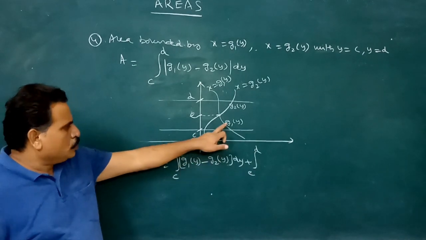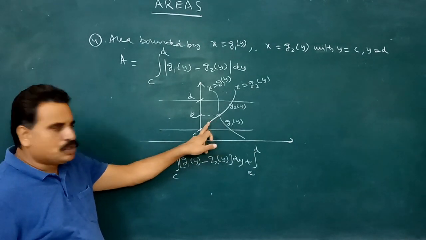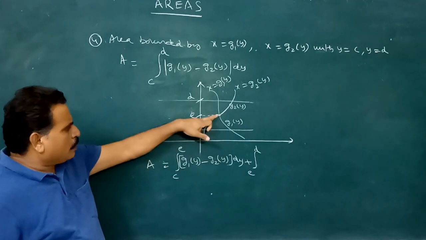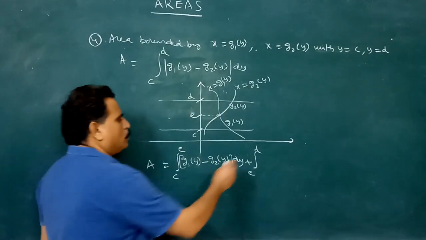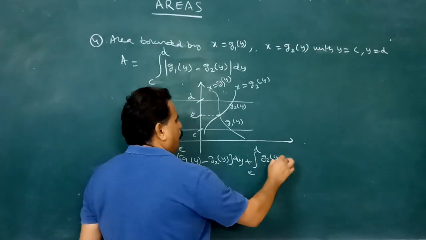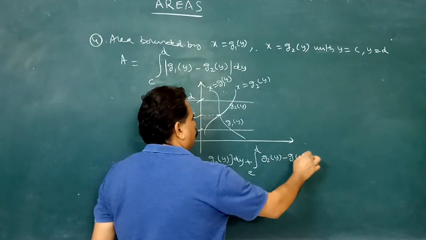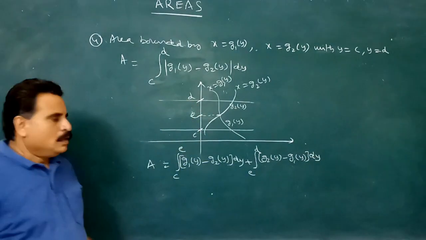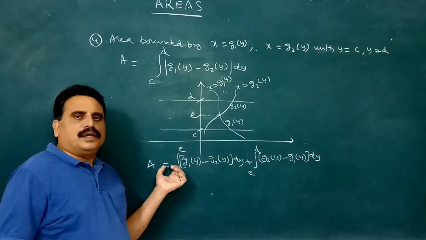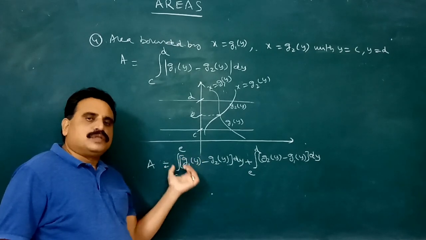Here g1(y) was the up curve and the down curve is g2(y). After crossing e, g2(y) is the dominating curve, so we write g2(y) minus g1(y) dy. So the area of the region is calculated by using this.